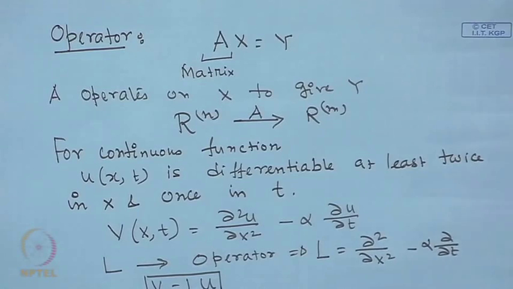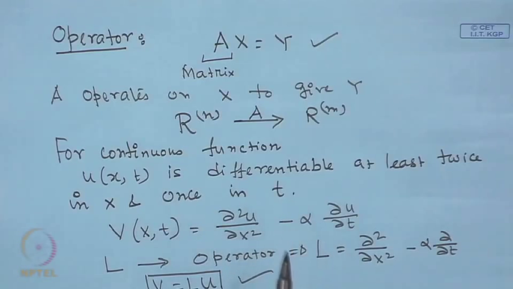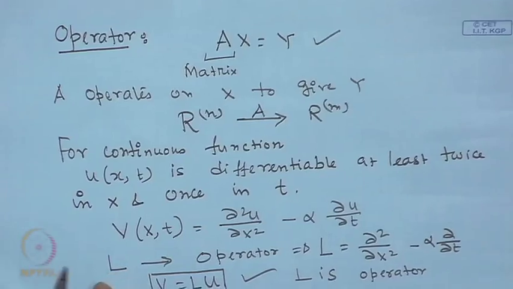So, in this case, if you just look at the matrix operator and the operator in continuous functions, y is equal to A x, so A is the operator. Similarly, in this case v is equal to L u, where L is the operator. Okay. So, next we talk about a linear operator. What is a linear operator?